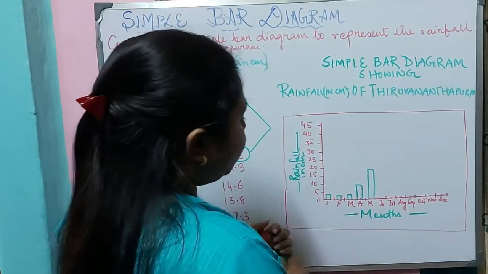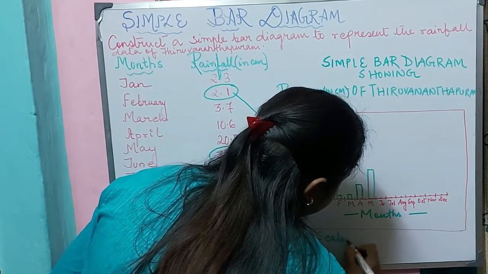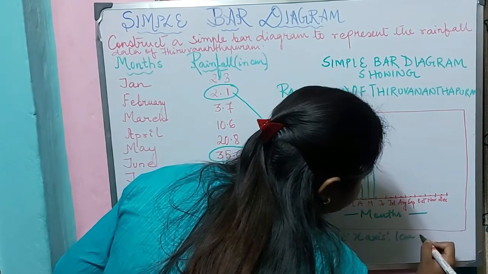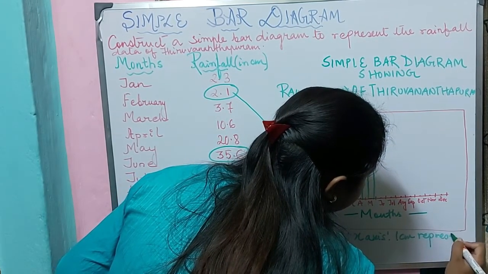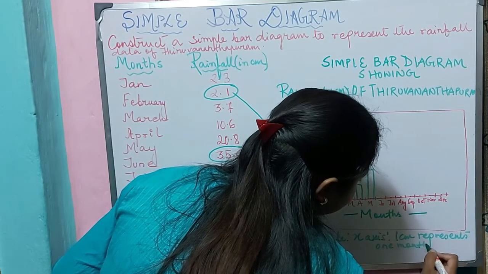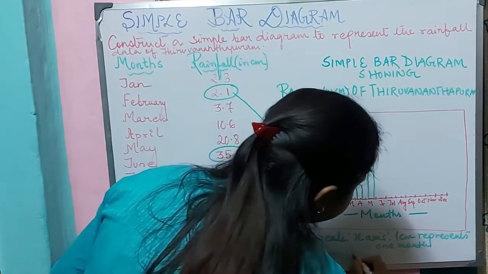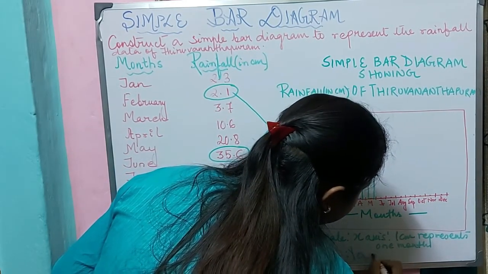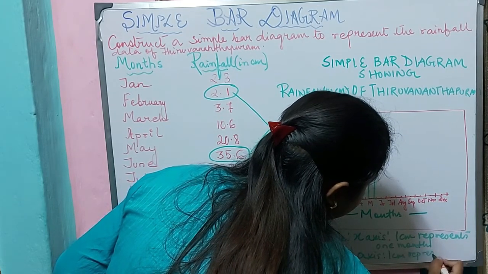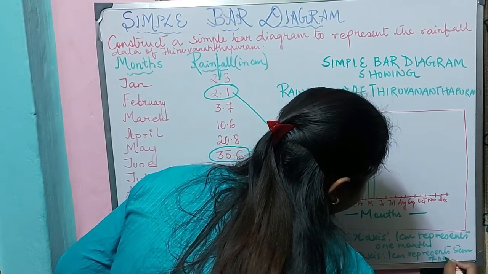Now after that, what we have to do? We have to write the scale. X-axis 1 centimeter represents 1 month, and in y-axis 1 centimeter represents 5 centimeter of rainfall.